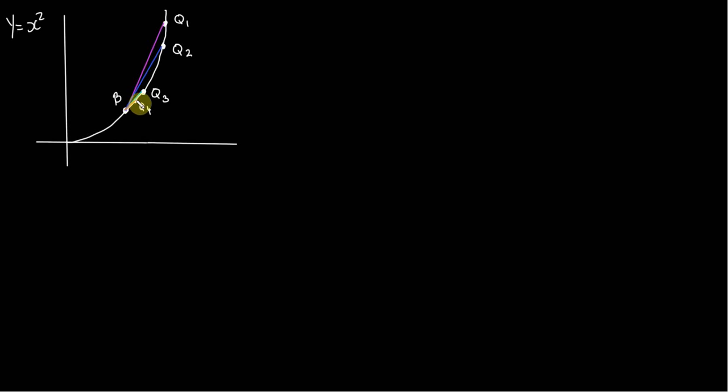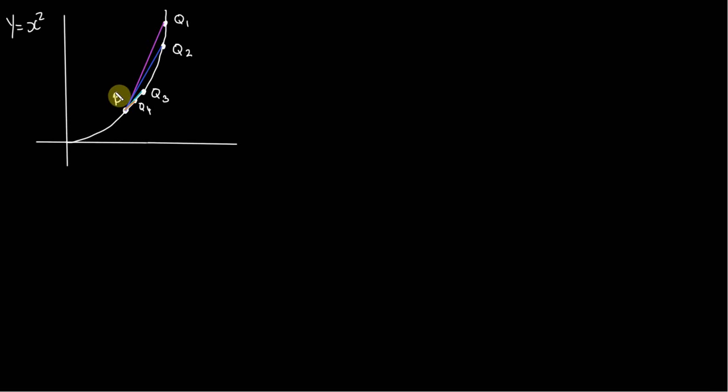It's a little bit close for illustrative purposes, but nevertheless, it might serve the point brilliantly. If the gradient of a curve, and let's keep it general, y equals f of x, at a given point is defined to be the gradient of the tangent at that point, we can use this definition to calculate the gradient at any particular point.